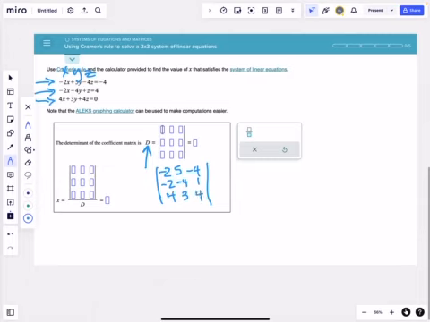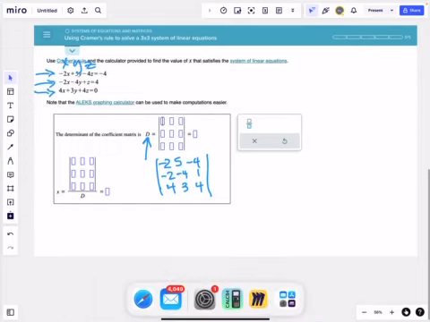Okay, so then we could use our graphing calculator to find that determinant. So let's do that. We're going to switch gears and go over to a graphing calculator.